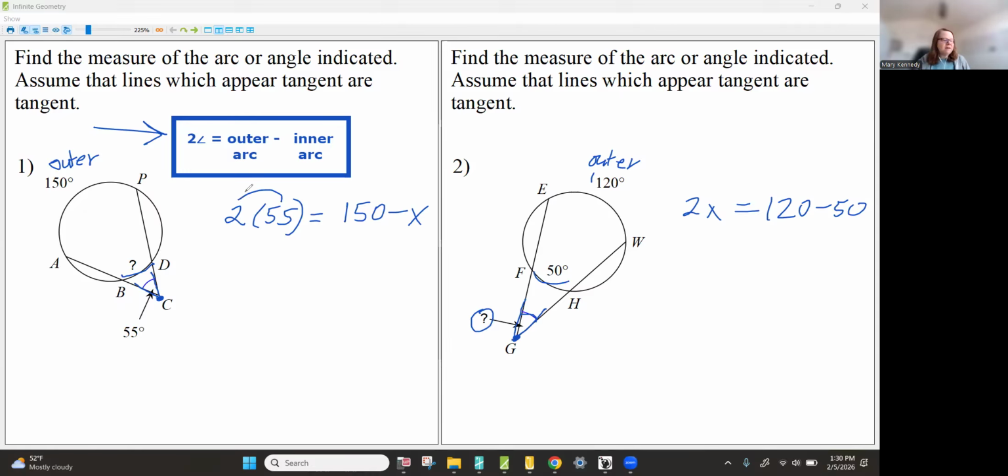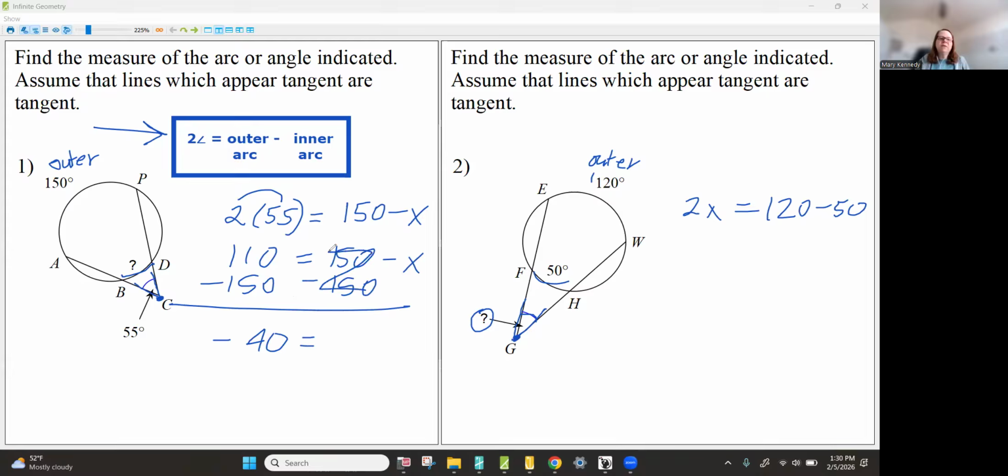So 55 times 2 is 110. Okay, 110 equals 150 minus X. So be careful here. Think about that you have X over here and a number over here. So we got to subtract 150 from both sides. 110 minus 150 is negative 40. 150 minus 150, 0.